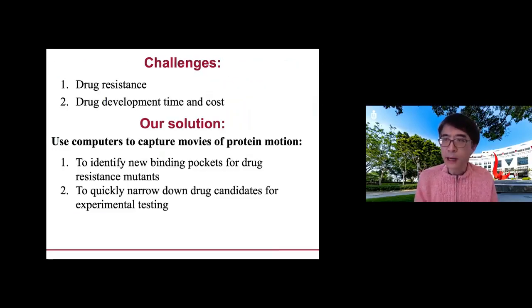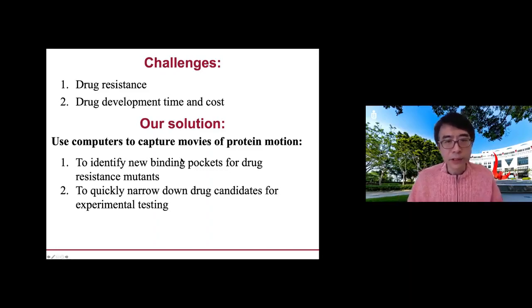Okay, so hopefully I've convinced you there are 2 challenges we're talking about related to the drug discovery. The first one is drug resistance mutations, or drug resistance mutants. The second one is drug development time and cost. It takes a lot of time, takes a lot of money.